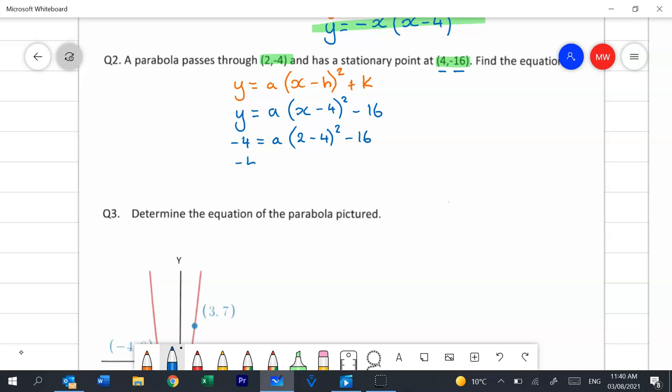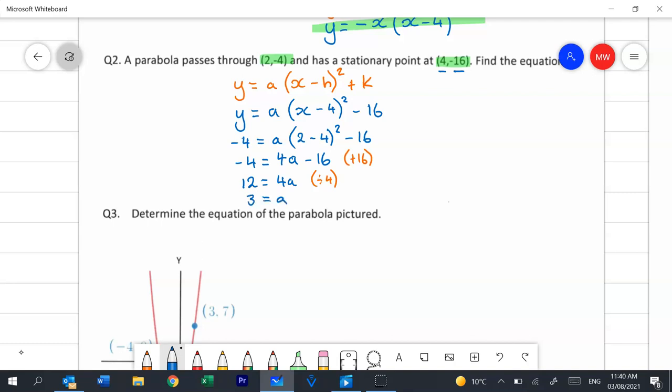If we simplify that, we've got a multiplied by 2 minus 4, which is minus 2, and minus 2 squared is 4. Balance method. Add 16 to both sides. Now we've got positive 12 equals 4a. Divide by 4 on both sides.